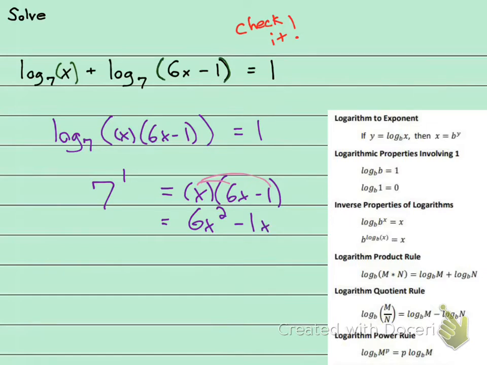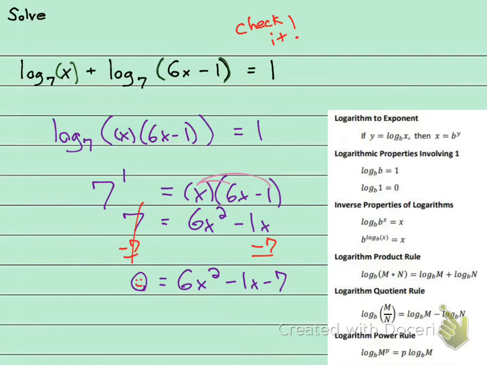On the left side, 7 to the power of 1 is just 7. One more step to get this equal to 0: I need to subtract 7 from both sides. So 0 will equal 6x squared minus 1x minus 7.